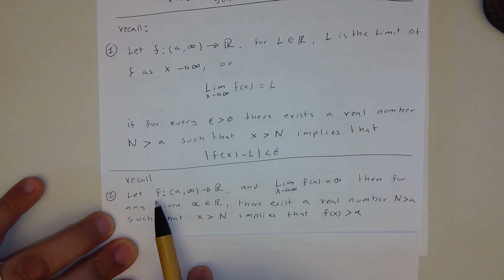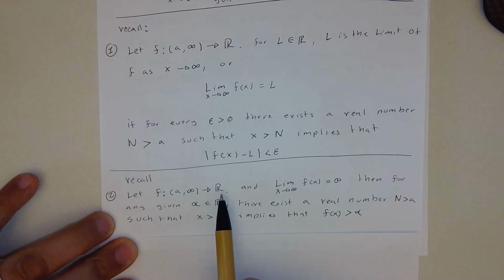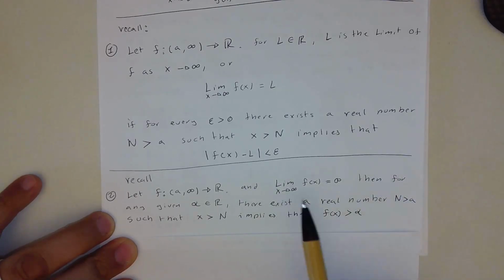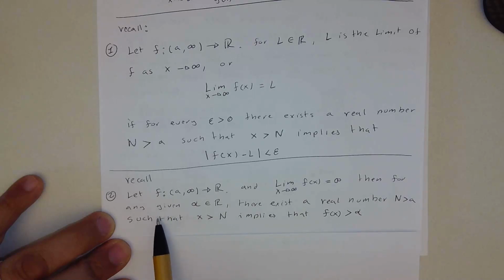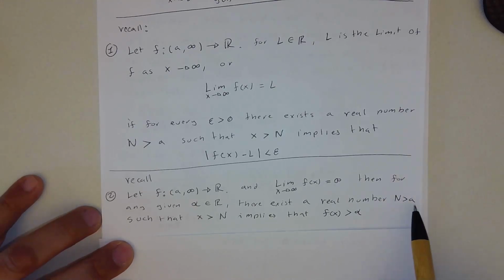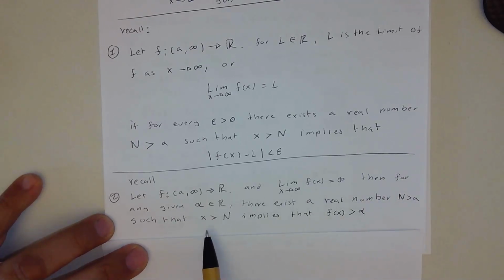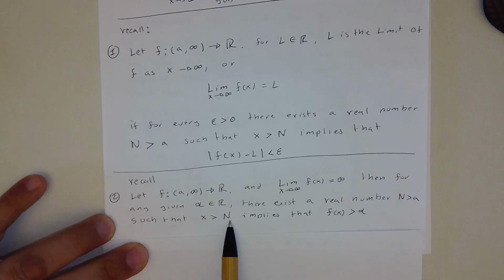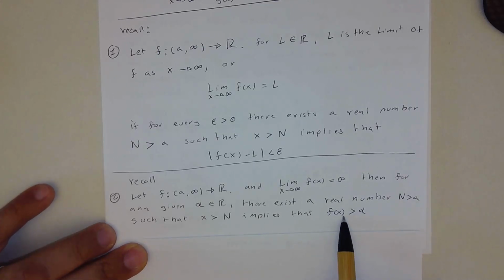If we have a function on the interval a to infinity, to the real numbers, and the same limit, but in this case the limit is infinity, not defined as a single number in the real line, then for any given alpha in the real numbers, there exists a real number n greater than a such that for all x greater than n, f of x will be greater than alpha.